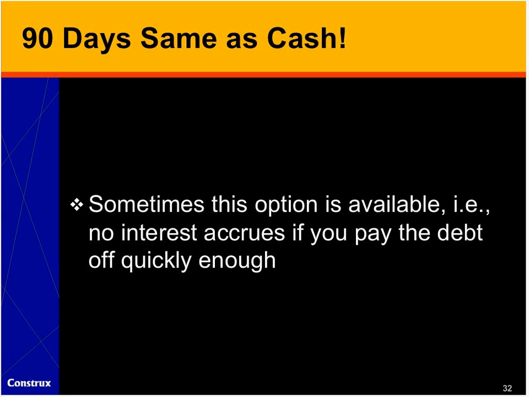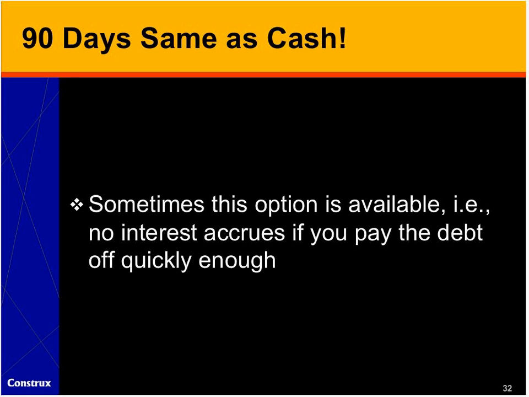Another relevant concept is 90 days, same as cash. Sometimes this is an option. That is to say, sometimes if you pay the debt off quickly enough, there's no real interest payment. So if you wait longer, there might be an interest payment, but if you pay it off quickly, there's not. And so the notion that a team is cranking toward a release, they take some specific identifiable shortcuts to get to the release, and then immediately following the release, they do that work and clean up the shortcuts.